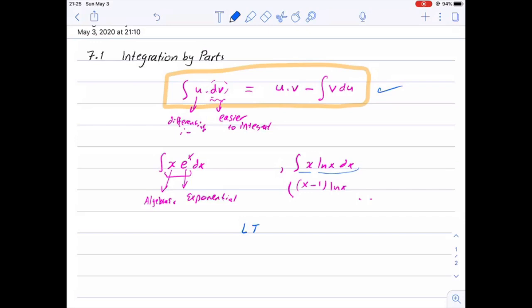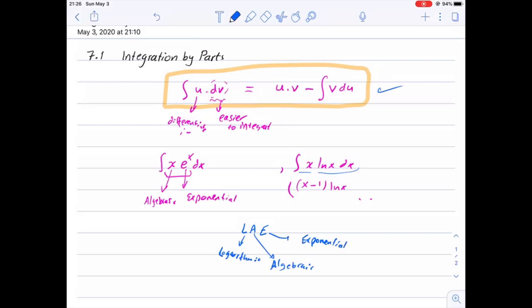LAE: L for logarithmic, A is algebraic, and E is the first letter of exponential functions.